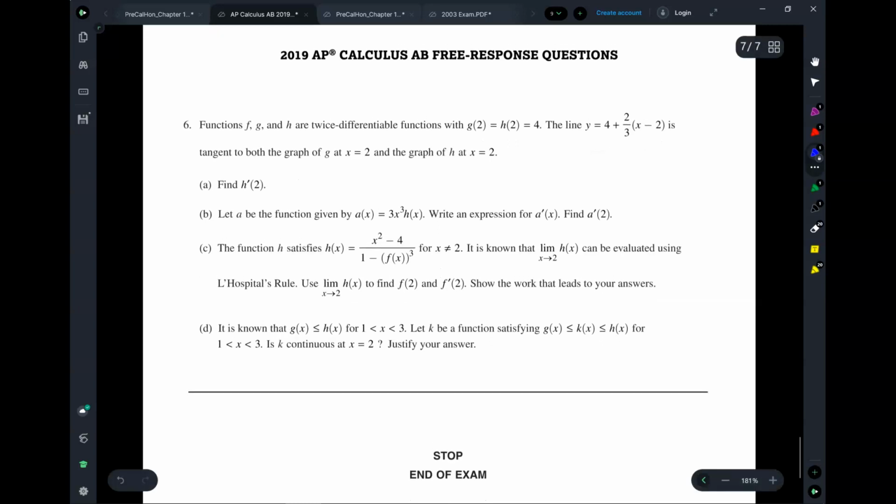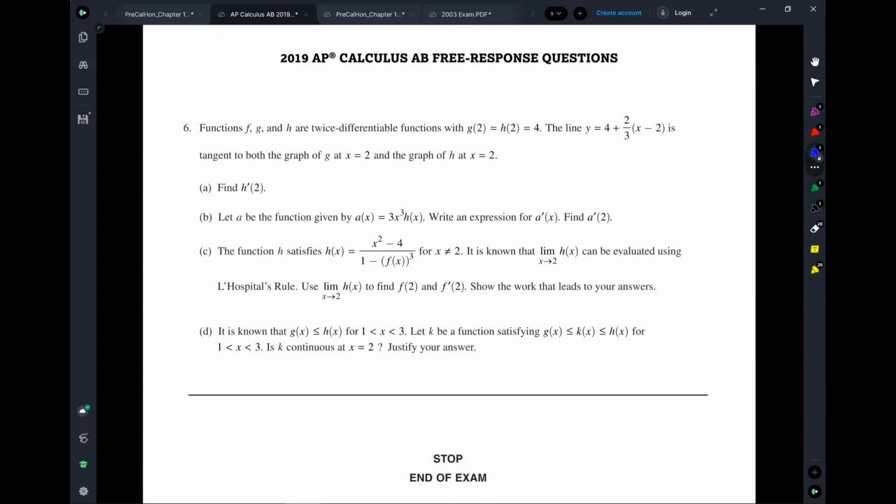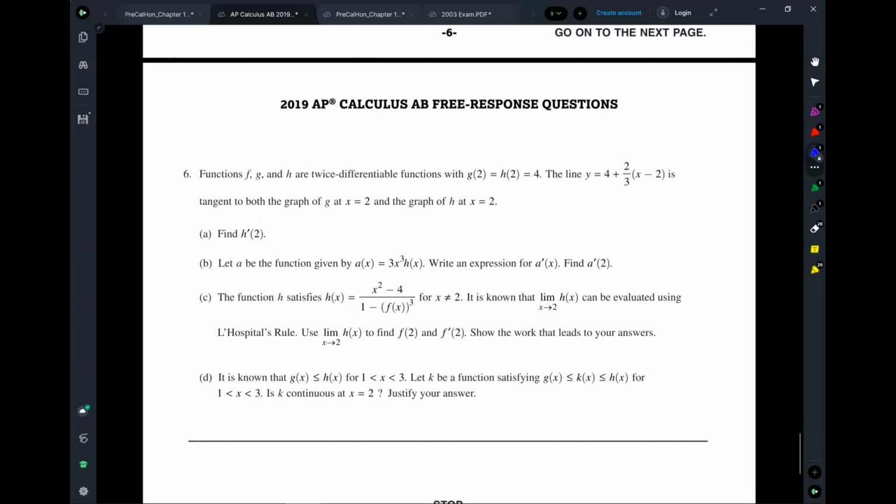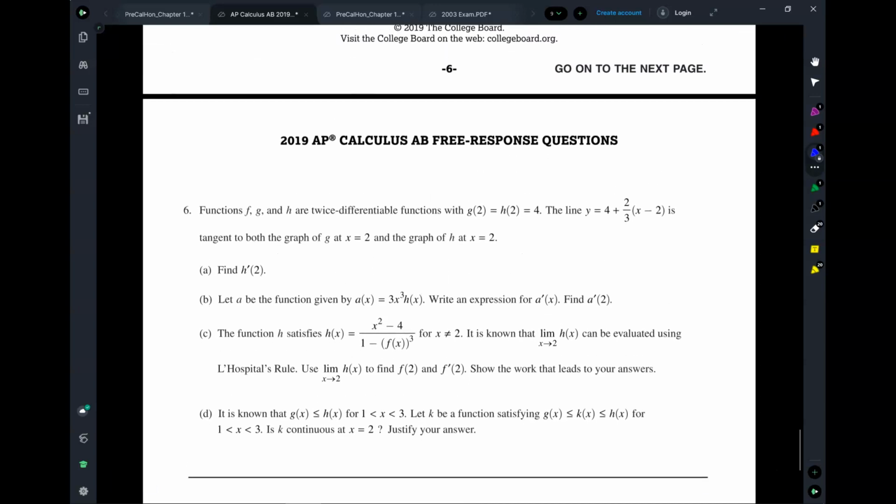Okay, next one. Functions f, g, and h are twice differentiable, with g of 2 equal to h of 2 equal to 4. I remember this one. The line is tangent to both the graph of g at x equals 2 and h at x equals 2.